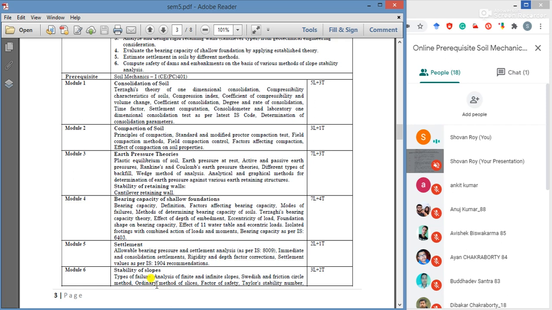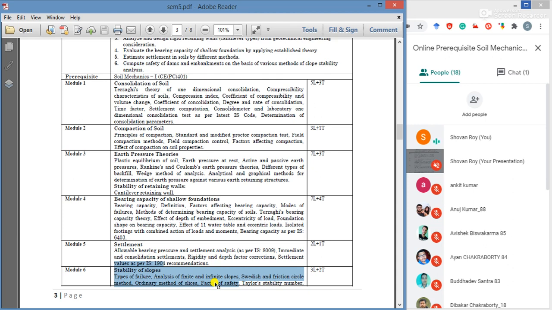So from the next day I will start stability of slopes. For better understanding of this chapter, you should keep all your geometric instruments: drawing instruments like compass, protractor, scale, pencil, eraser.